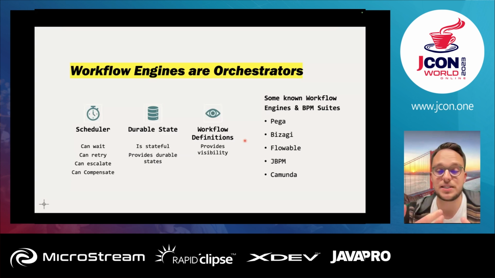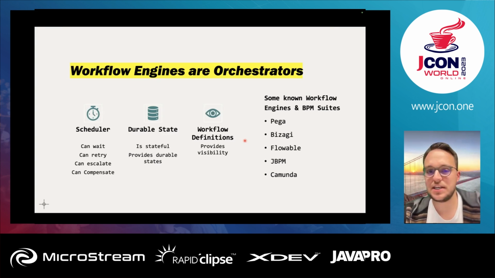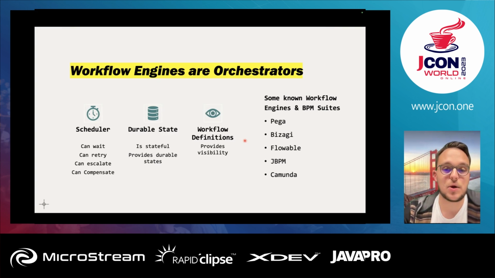It provides a durable state. We know where we are in our process, and everything is persisted. And last but not least, through these workflow definitions, we gain some visibility, which can be a huge deal if you have bigger microservice architectures and invisible event chains. So we know where problems occur, we can tackle them and fix bugs, for instance, more easily.